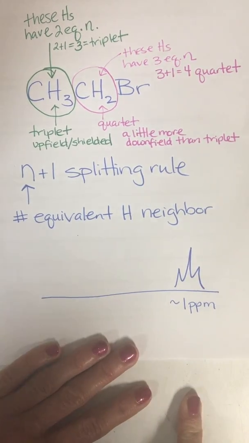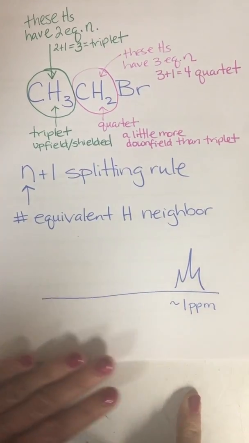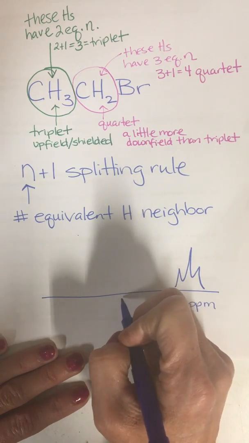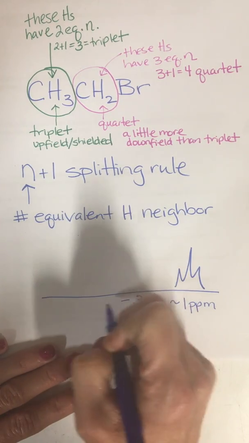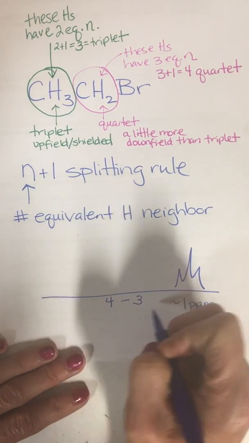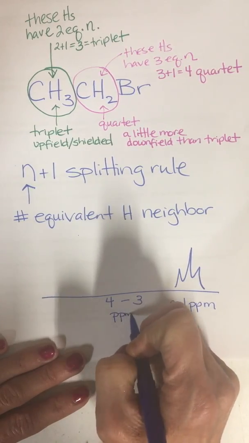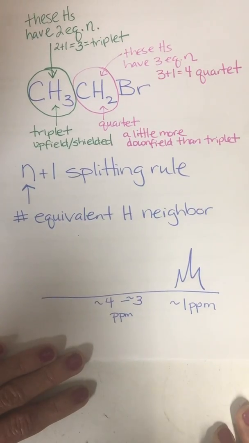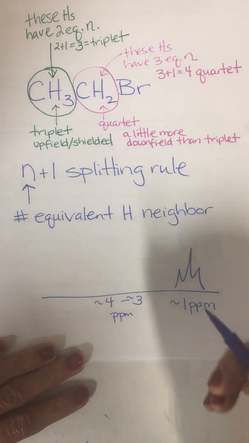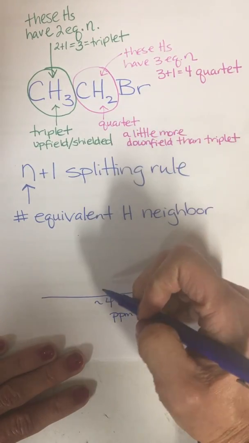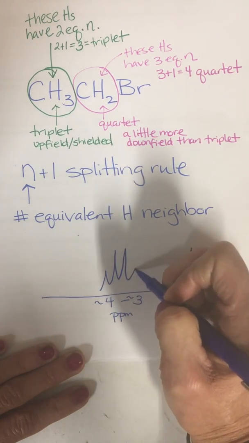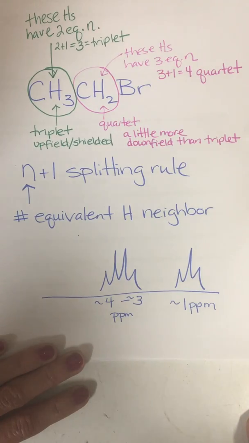And then a little bit more downfield, right around 3 and 4-ish parts per million, approximately, we would have our quartet. Your quartet looks like this, a 1 to 3 to 3 to 1 ratio.